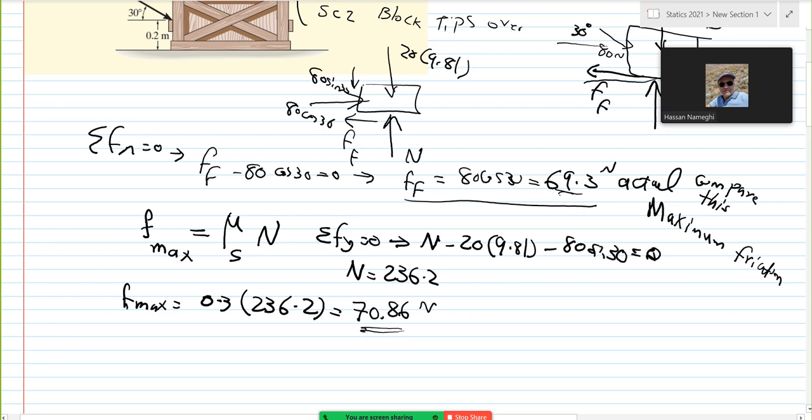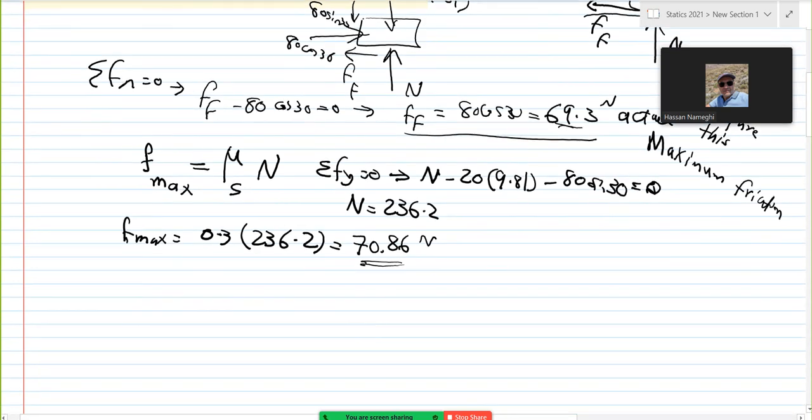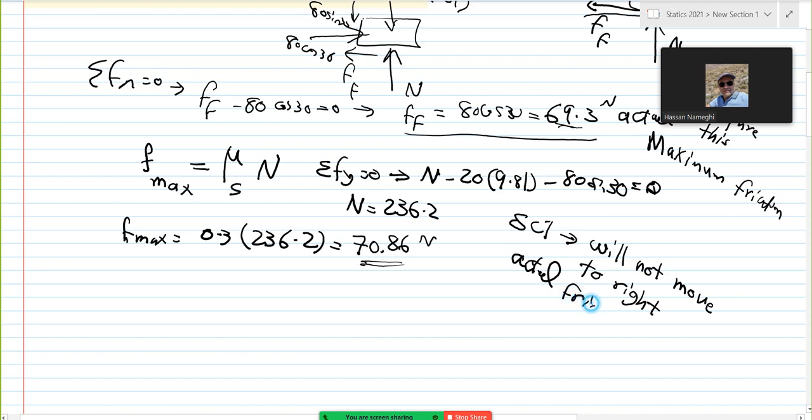So it will not move. It will not move to the right. So we know in scenario 1, it will not move to the right, because the actual friction is less than F max.